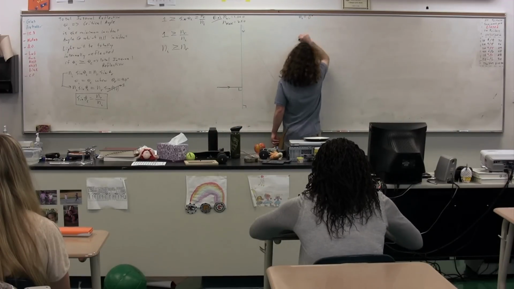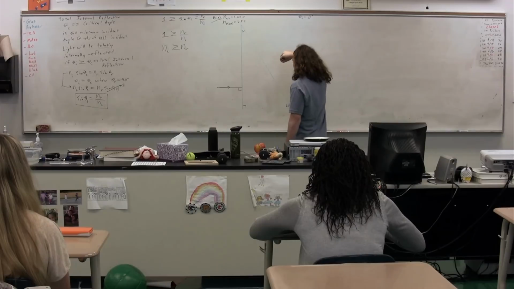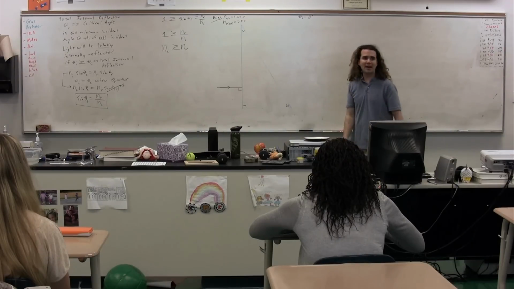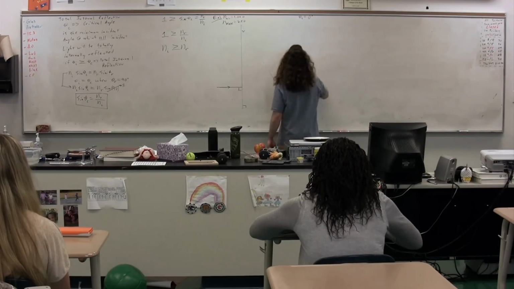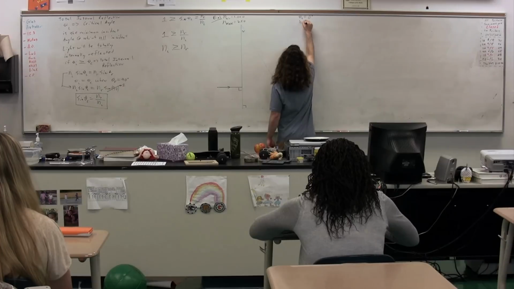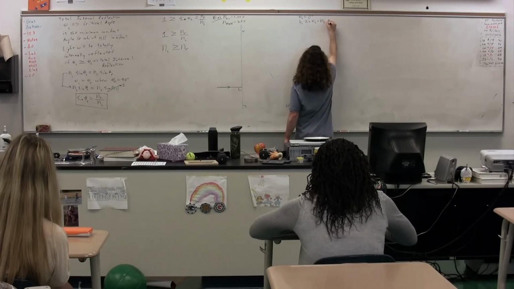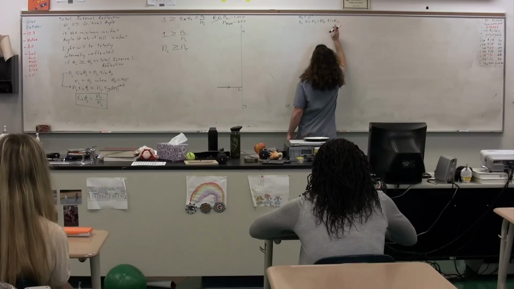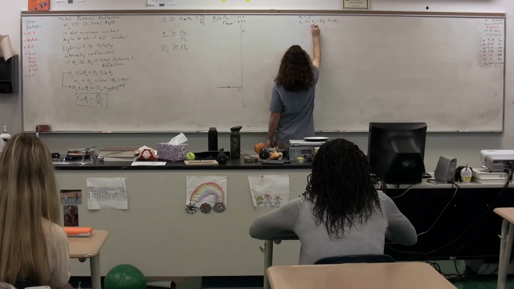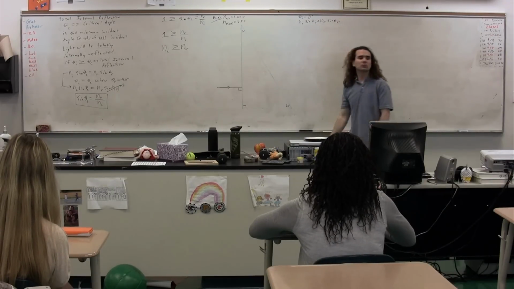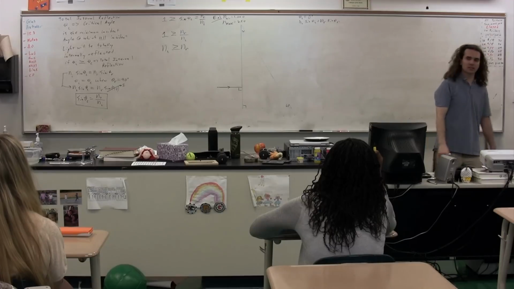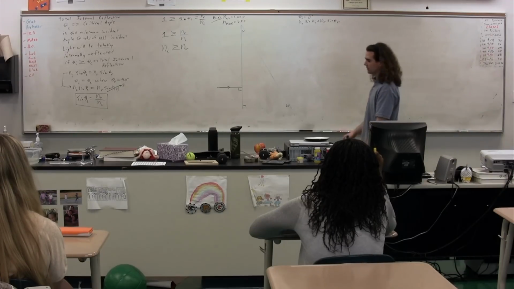Now, we need to figure out, using Snell's law, what the refracted angle is. So we have the incident index of refraction times the sine of the incident angle is equal to the refracted index of refraction times the sine of the refracted angle. We have the incident angle, but I need to know what the incident material is and what the refracted material is.